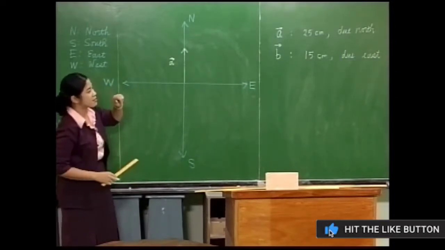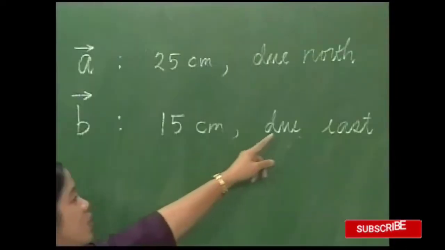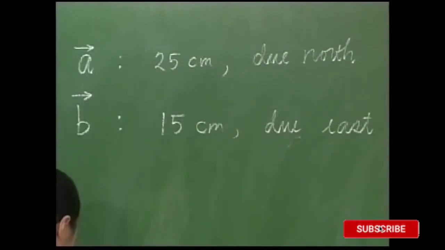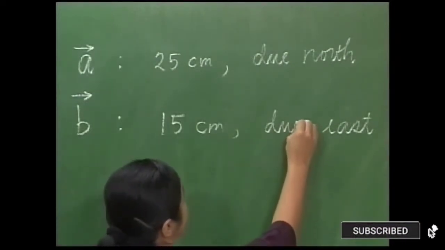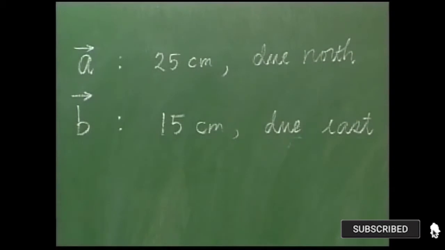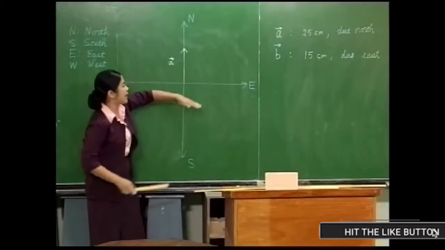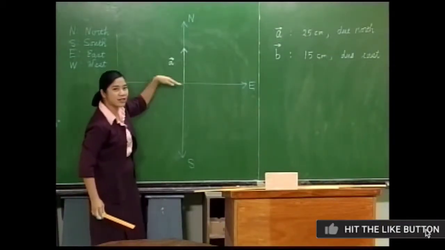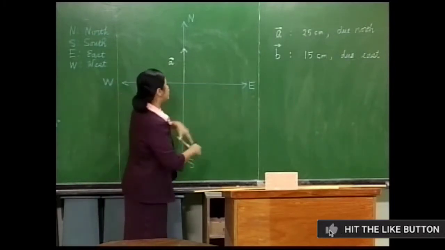Due east, D-U-E. I hope that's clear. This is letter E. So, due east. Due east means exactly in the direction towards the east.